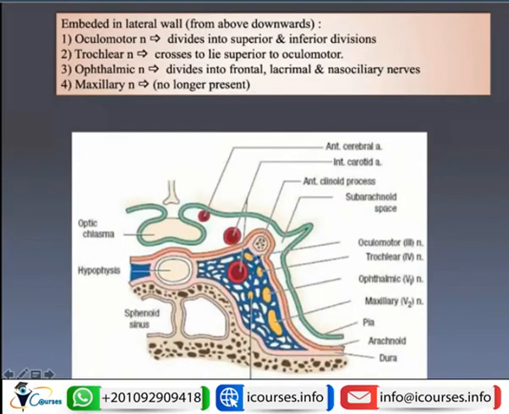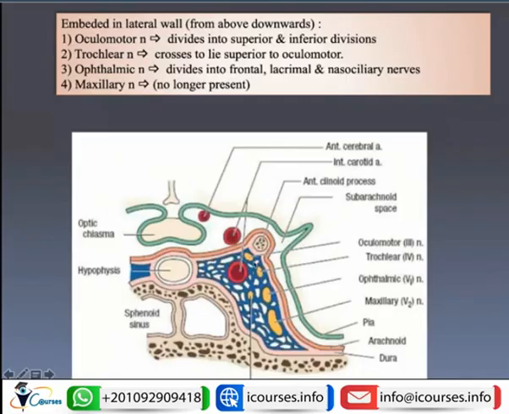The relations of different cranial nerves to the cavernous sinus are of extreme importance. So this should be one of the most memorized facts in your study of the ocular anatomy. The ocular cranial nerves and the other cranial nerves pass through the lateral wall of the cavernous sinus.